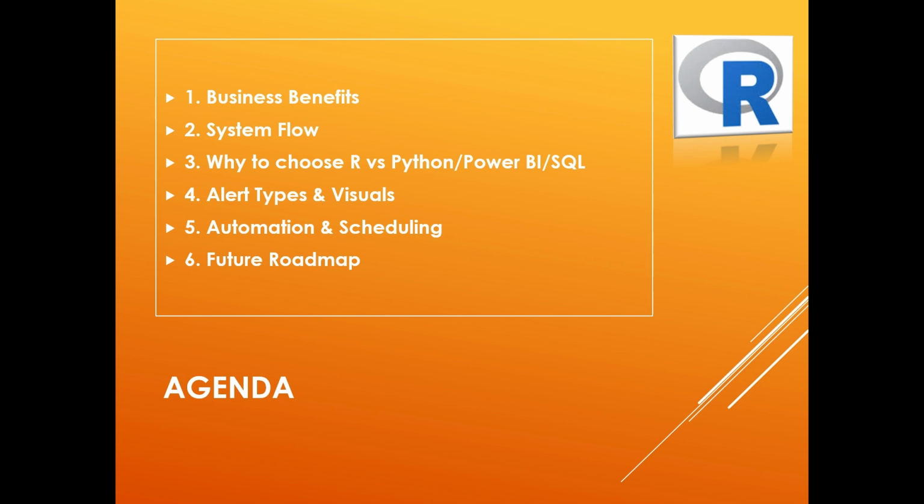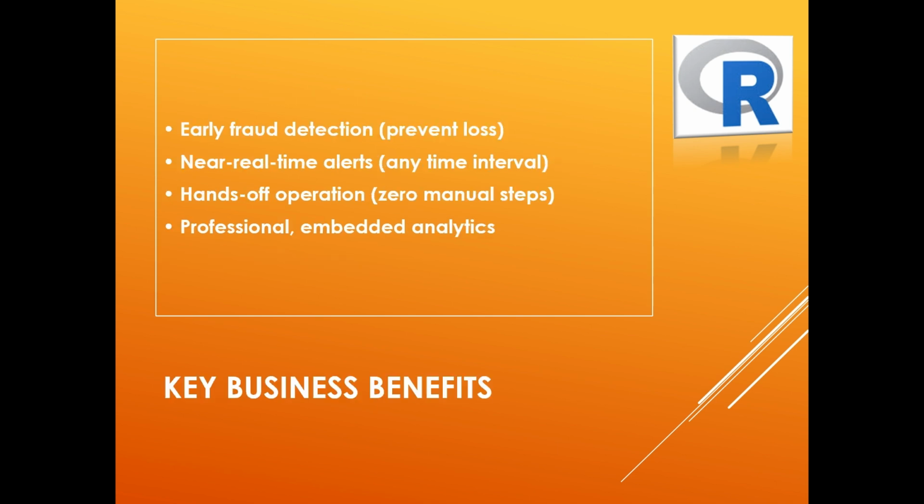Then alert types and visuals, and automation and scheduling. I will explain all these steps in an easy manner, and then our future roadmap. Okay, let's move to the next slide now.